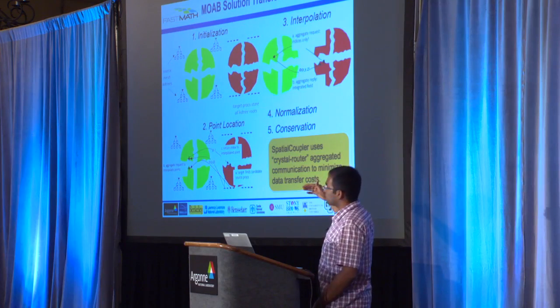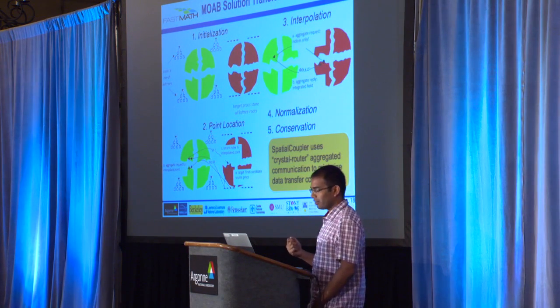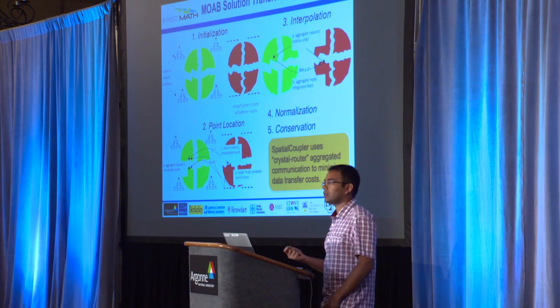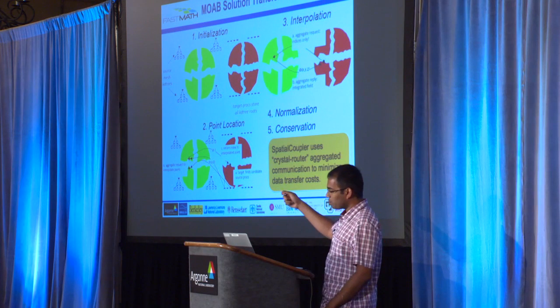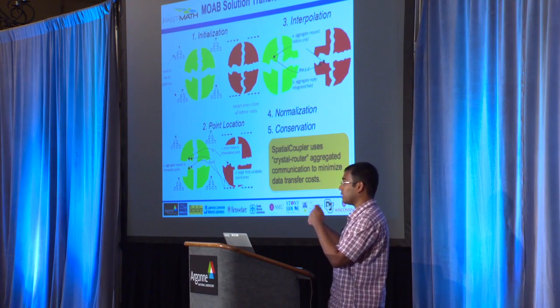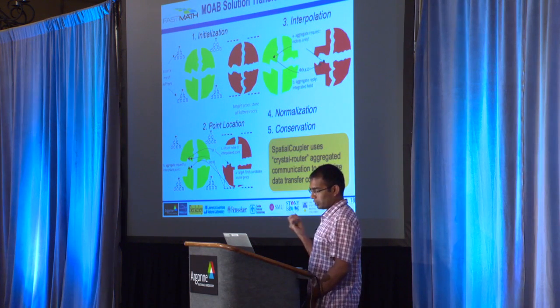And then the next stage is, once the target physics understands where it wants to evaluate certain solution data fields, for example, it could be quadrature points in your finite element simulation, right? So the target physics sends back and aggregates the requests to the source physics meshes.